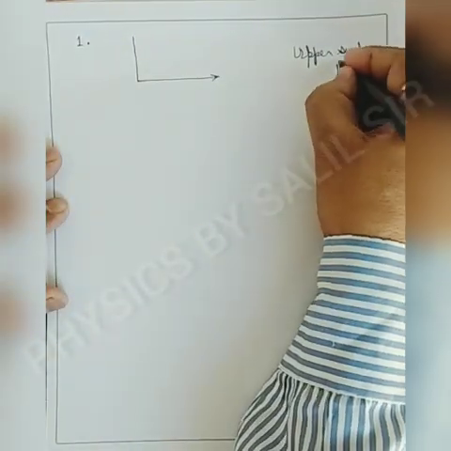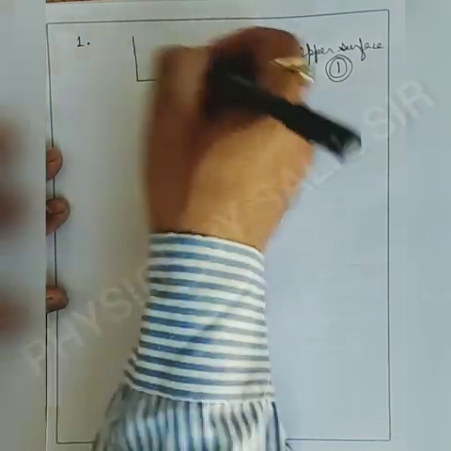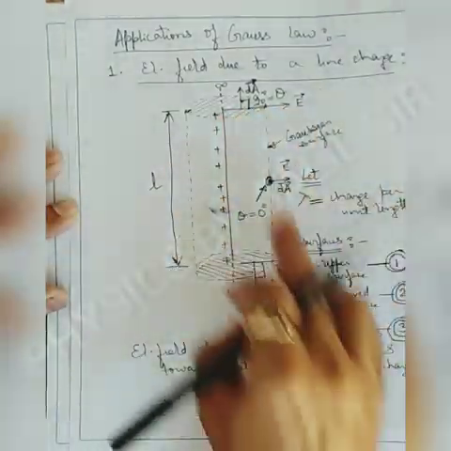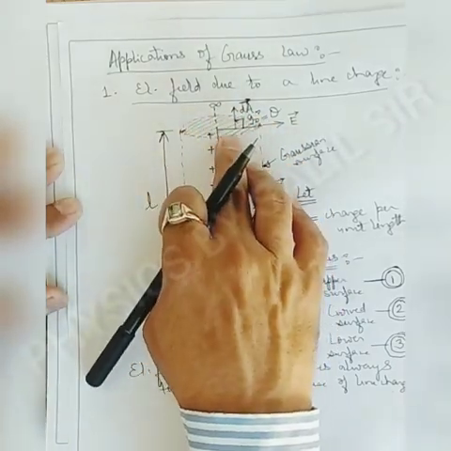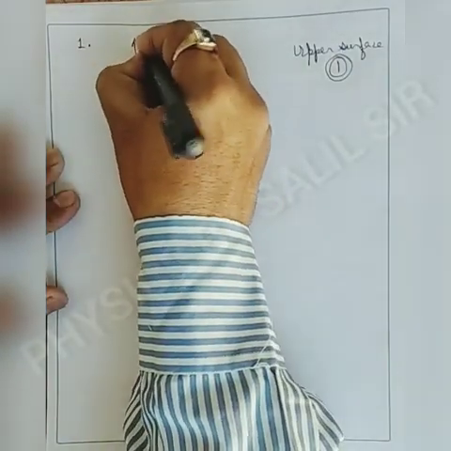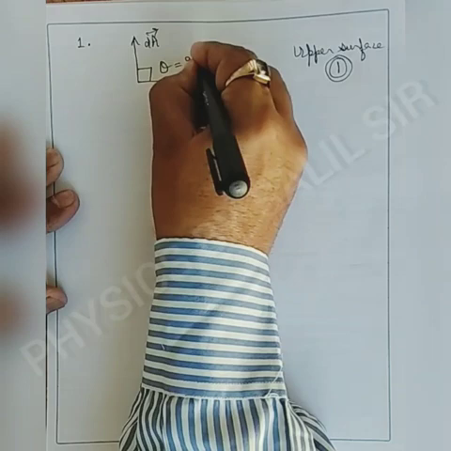Talking about surface number 1, the upper surface, the direction of electric field intensity is away from the line charge. So it will be vector E, and the area vector is perpendicular to the face, normal to the upper face. This is vector dA, and the angle between them is 90 degrees.